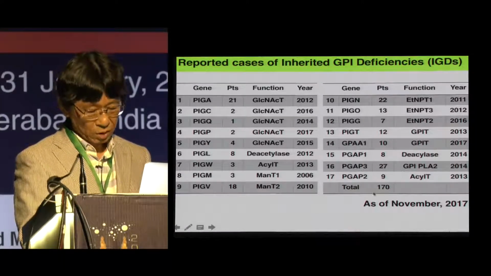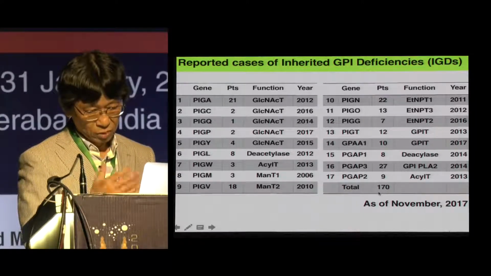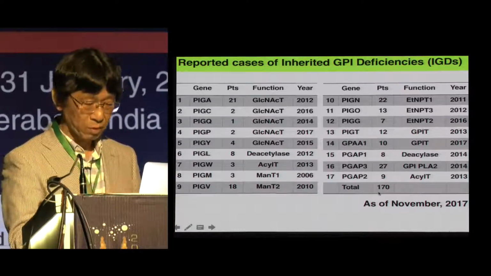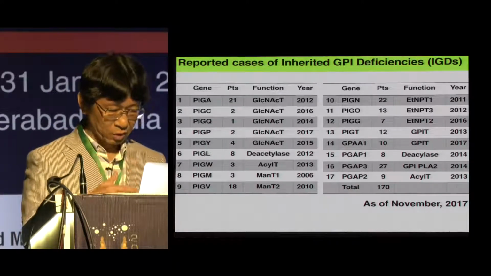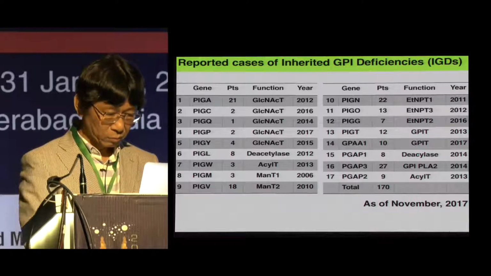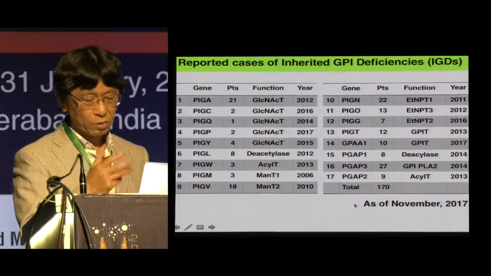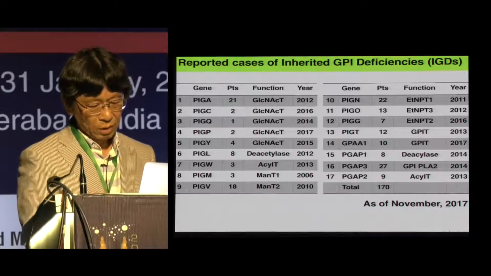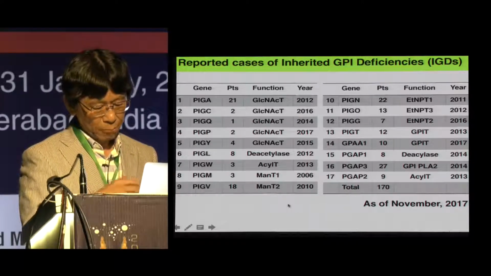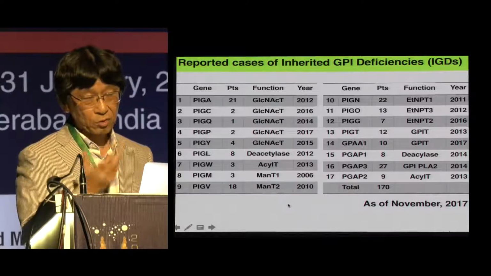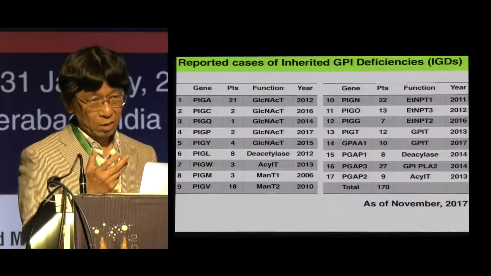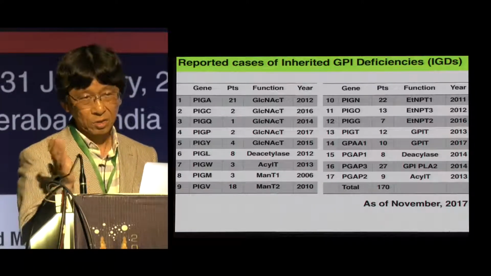In total, 170 patients with IGDs are reported, and the number of patients is growing. The discovery of mutations in the GPI pathway is thanks to whole exome sequencing, which is used for rare genetic diseases.